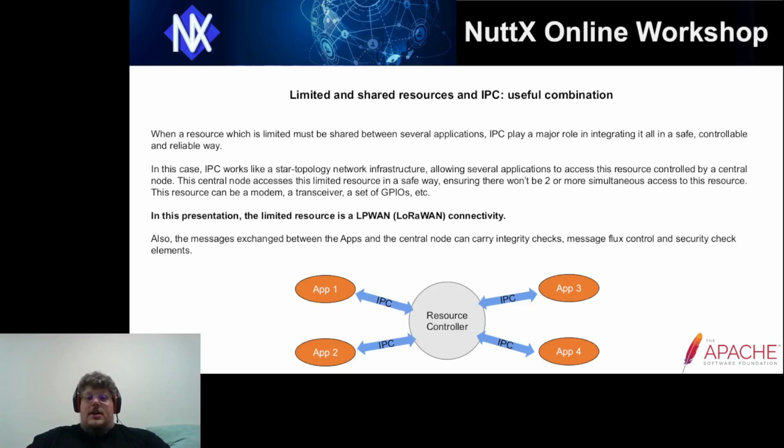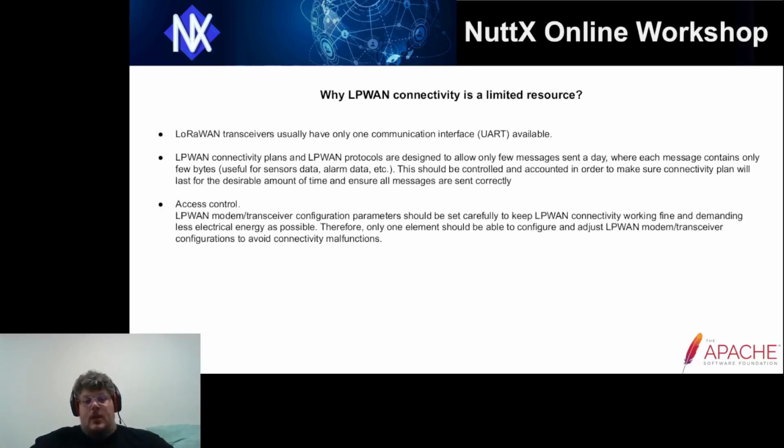So it strengthens the communication between the app and the central node. As we said before, in our solution, the limited resource is LoRaWAN. And now that LoRaWAN is a limited resource, using IPC to control it, as we are proposing here, is justified.